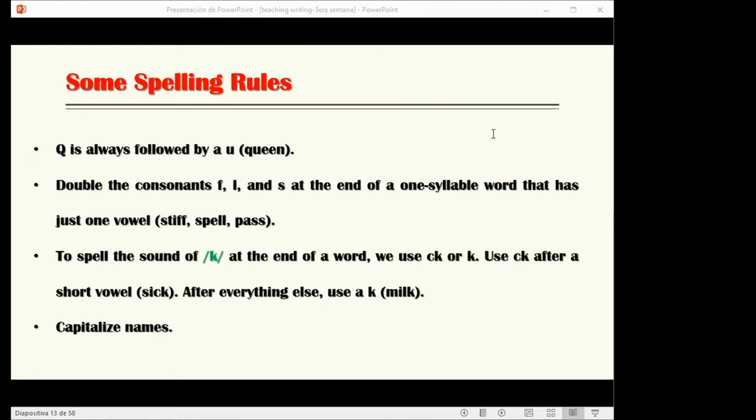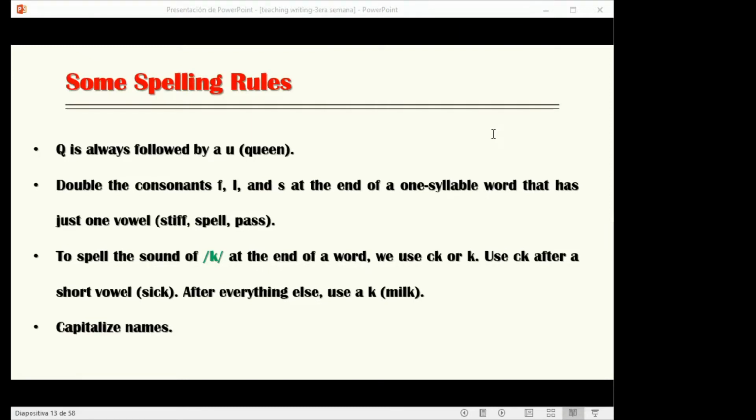Another rule, double the consonants F, L, and S at the end of a one syllable word that has just one vowel. Notice the spelling double F, double L, and double S when it's a one syllable word and it has just one vowel and this letter appears at the end. The examples, stiff, spell, pass.